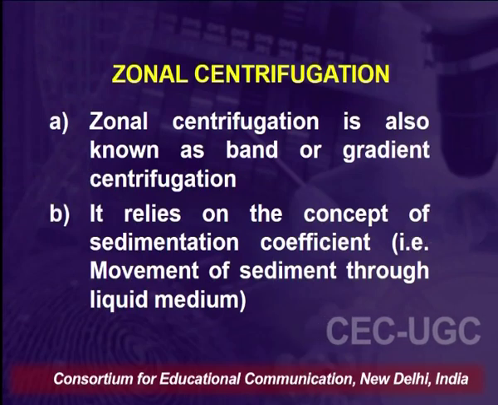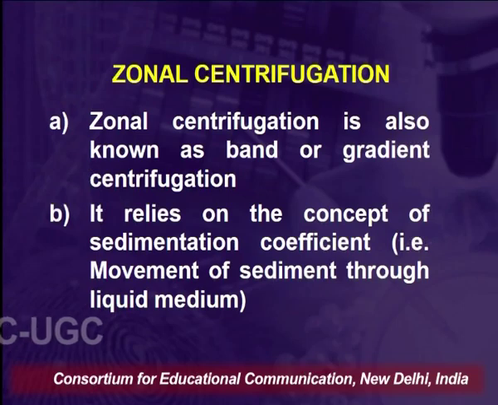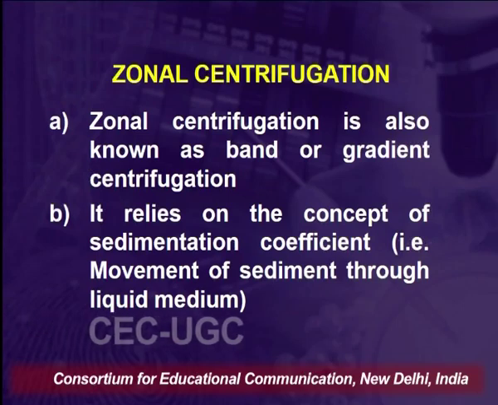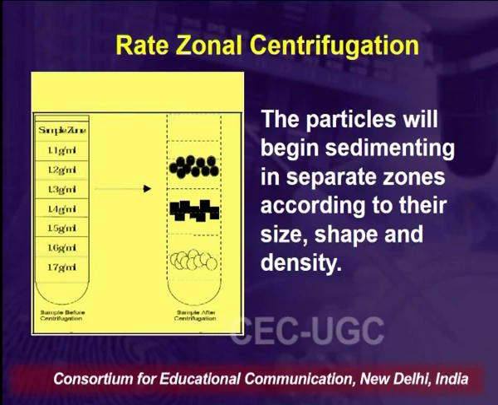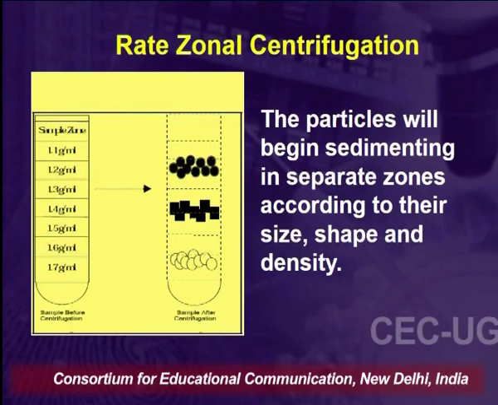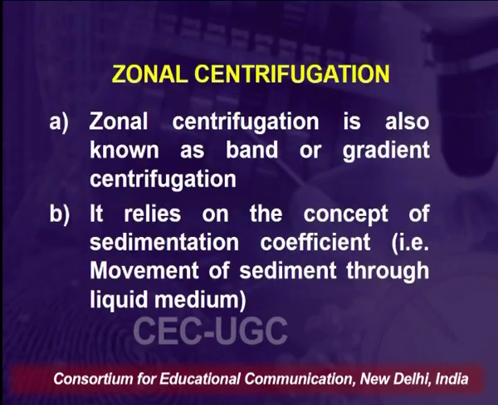However, zonal centrifugation is also known as band or gradient centrifugation, as we have seen that different bands and different zones are there where different particles are lined up based on their property of density.